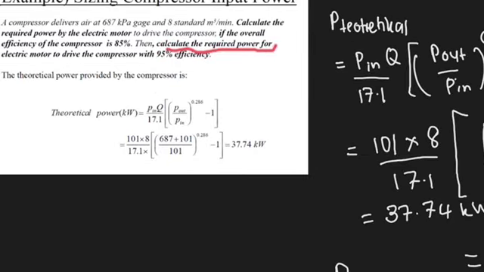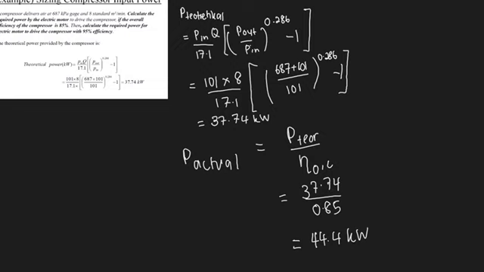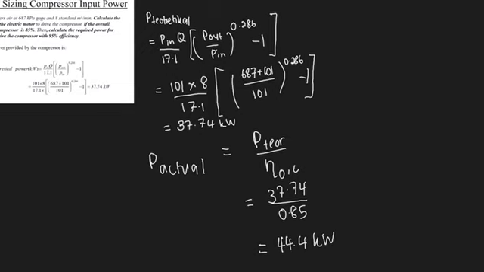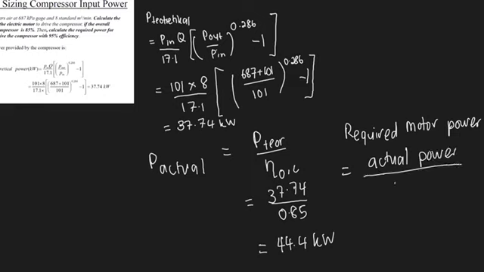Then calculate the required power of the electric motor to drive the compressor with 95% efficiency. So the required power for the motor is equal to the actual power divided by the efficiency.